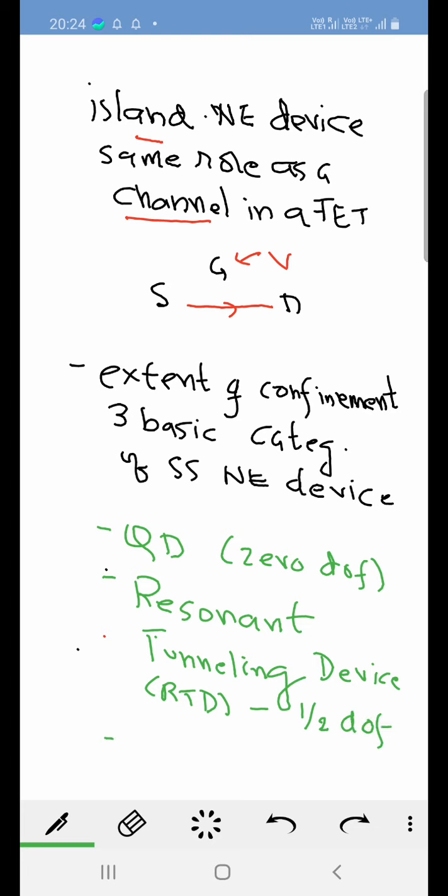And lastly, we have single electron transistors, which have 3 degrees of freedom. So these are the 3 categories of nanoelectronic devices based upon the extent of confinement that is taking place.